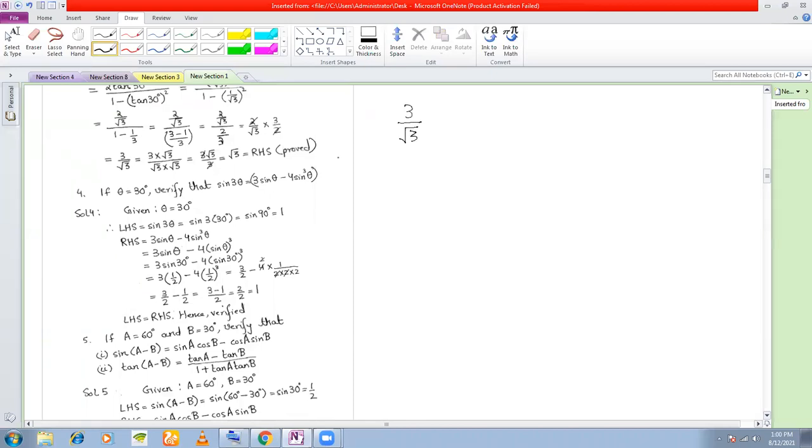From here you're asking. Yes, sir. Now 3, you know, is root 3 into root 3, because root 3 square is equal to 3, right? So 3 can be broken up as root 3 into root 3. Now is it okay? Yes, sir. Okay.